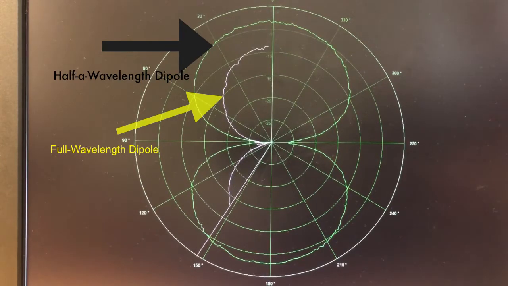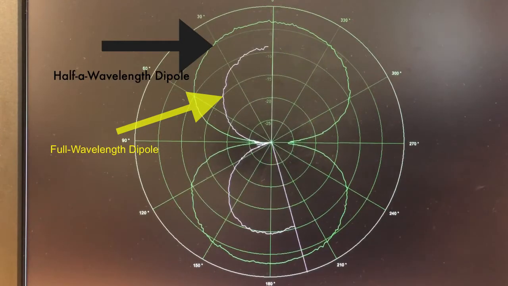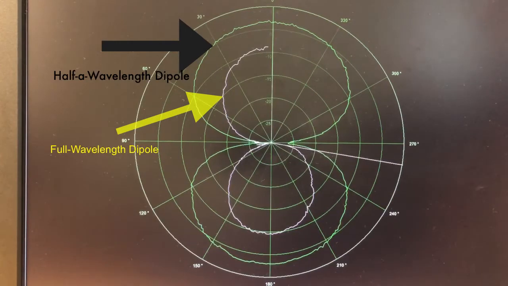As you probably notice, it is more directive. This new antenna, the 1 lambda dipole antenna, is more directive, but the received signal level is smaller compared to the half wavelength dipole antenna.